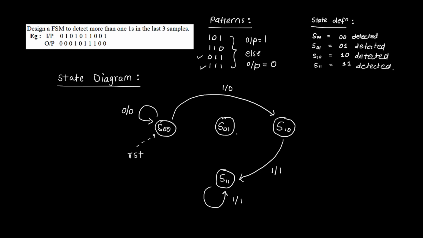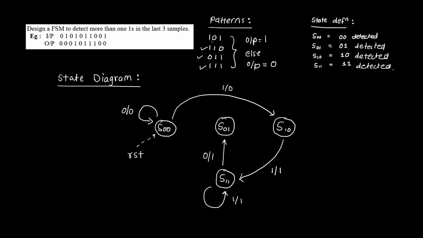This one is over. Now for 1, 1, 0, a 0 will transition to the 01 state. Output will be 1.